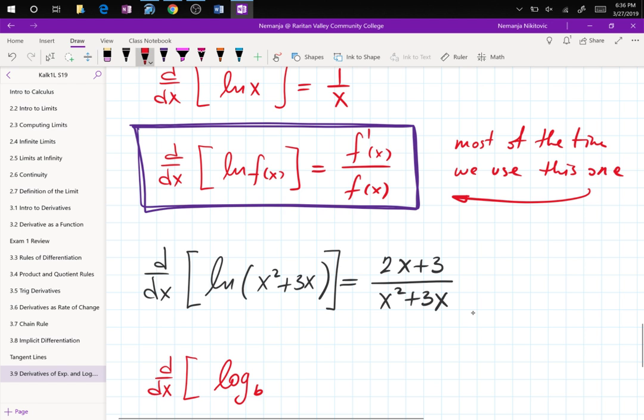We just talked about it. ln is a single base, base e. But what if the base is 7? What if the base is 3? We have the formula for that. So this is the general case. It's going to be the same: f prime of x divided by f of x times ln b in the denominator.